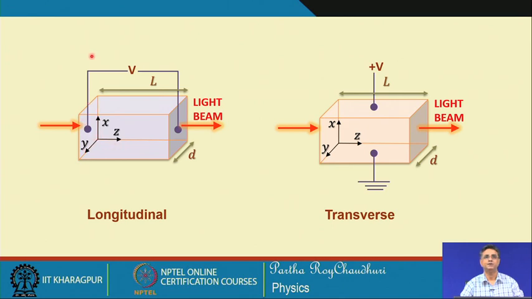You apply a voltage along the direction of propagation of the light beam, but in the transverse case the electric field that we apply across the crystal is in a direction perpendicular to the direction of propagation of the light field.